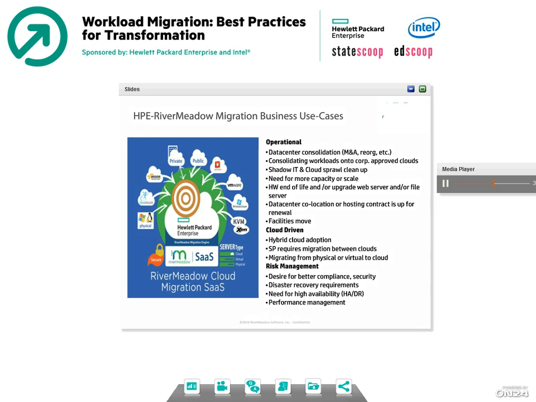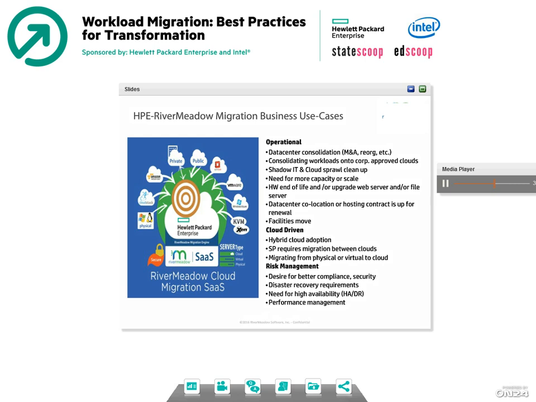We see a mix of public cloud entries and exits, and also a lot of customers deciding to go with hybrid models, with a mix of hosted or public infrastructure and private. We see a lot of churn across the board, some customers moving out, some moving in, but in general we're placed as a technology to help facilitate workload migration from place to place and make it less of a science project and more of a repeatable task that generalist IT people can execute.